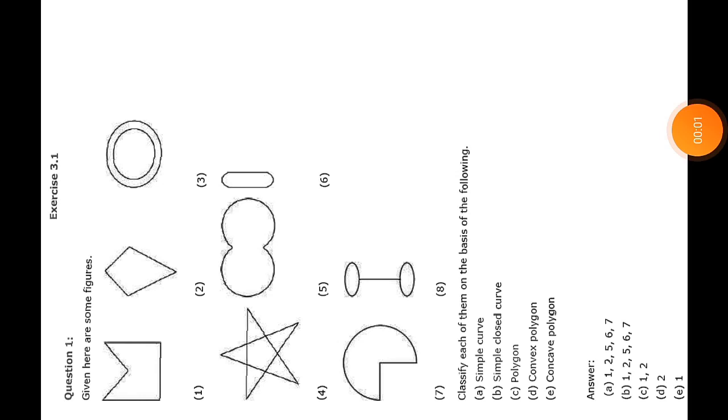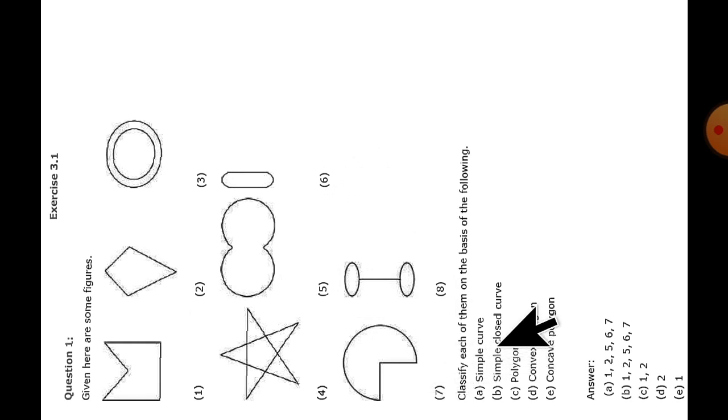Let us start with exercise 3.1. Given here are some figures. So 8 figures are given. Classify each of them on the basis of the following: simple curve, simple closed curve, polygon, convex polygon and concave polygon. So which are the simple curves? 1, 2, 5, 6 and 7.